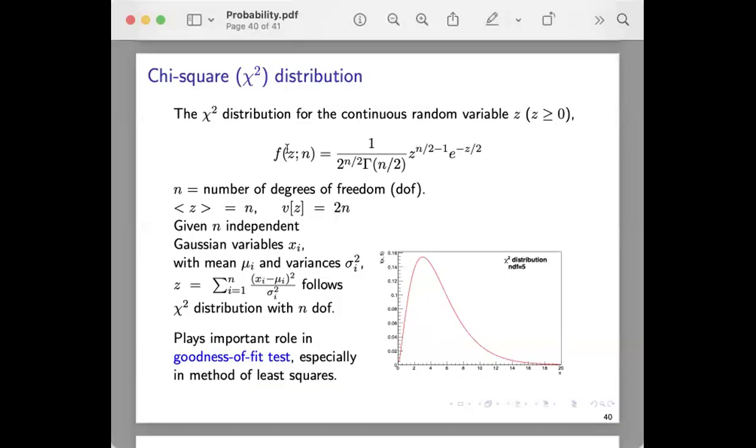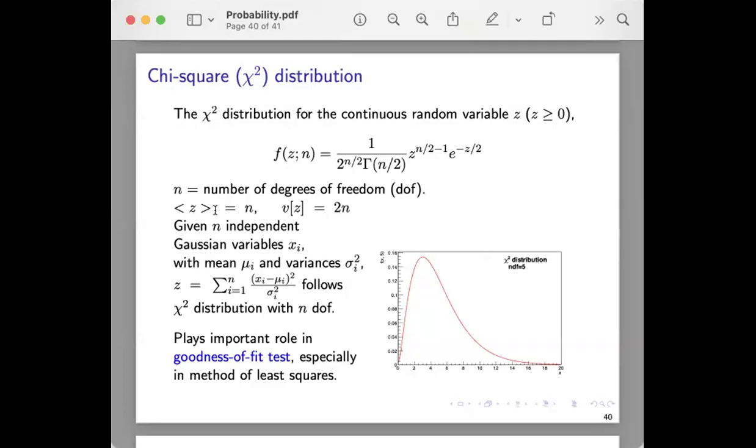The z here is what we defined there, the sum of these quadratic terms, and given the number of degrees of freedom n, f of z has this expression. You can see for n equal to 5 the shape of this chi-square distribution.